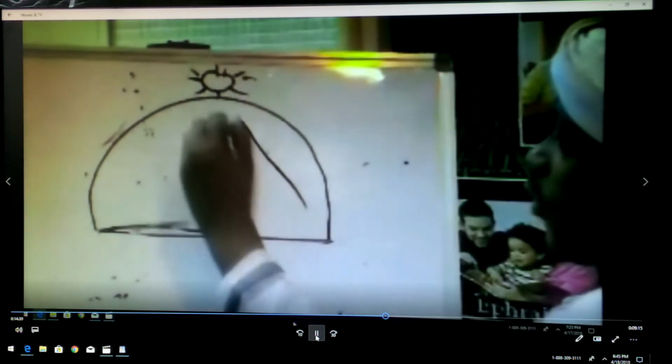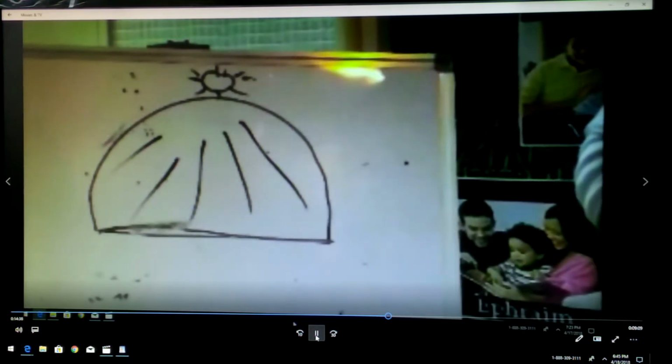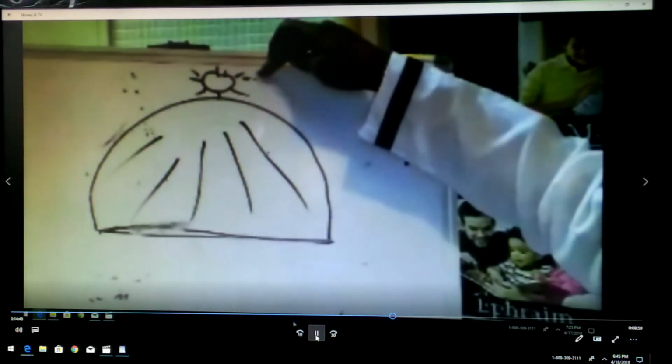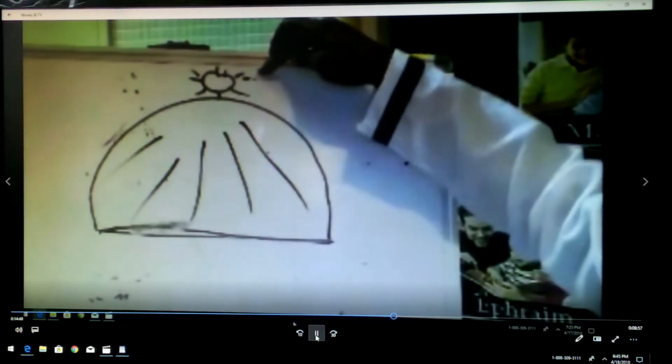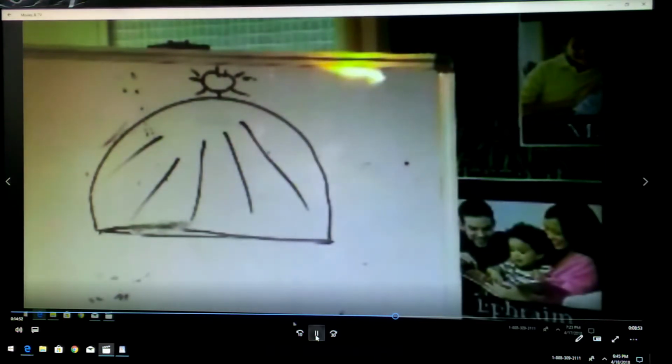Shouldn't the whole earth have light? You know they taught me a little common sense. If this is a flat earth and the sun is greater than the earth when it comes to size, shouldn't the whole earth be lit at once? And if that's the case, where's the moon?